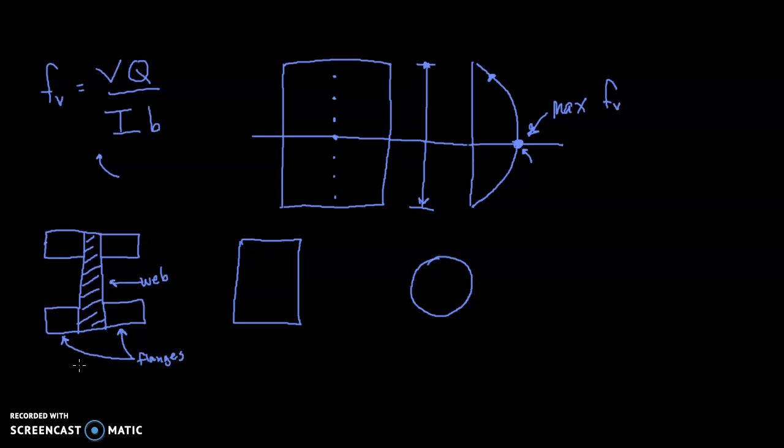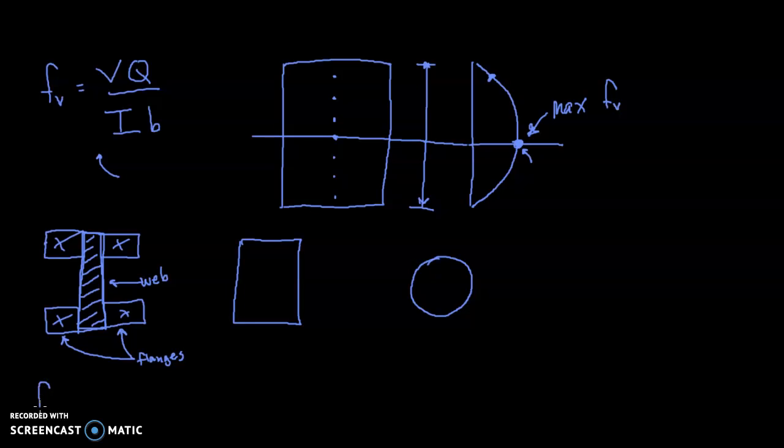The flanges don't really do a whole lot in terms of resisting shear. The majority of the shear stress resistance is accomplished by the web itself. And so we can basically simplify a wide flange by ignoring the flanges, pretending like they're not even there, and instead looking at the area of that web.